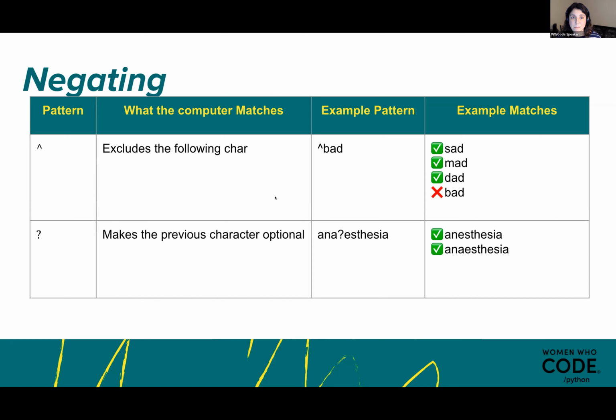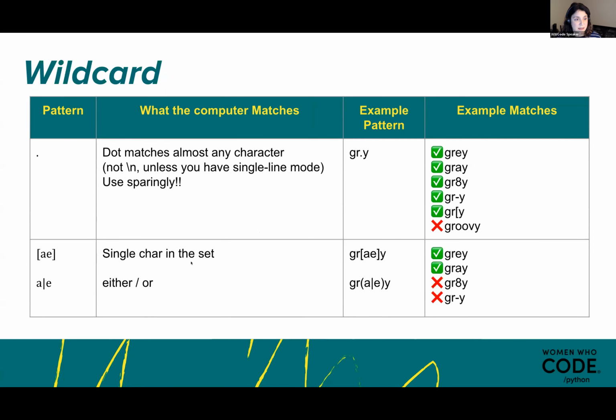If you want to do grade like GAE or EY to catch both spellings of grade, like this guy. So if you put AE, that means you're catching a character A or character E. But if you put that upper arrow sign at the beginning after the open bracket, it means you're negating the stuff. So there are many ways to do it.